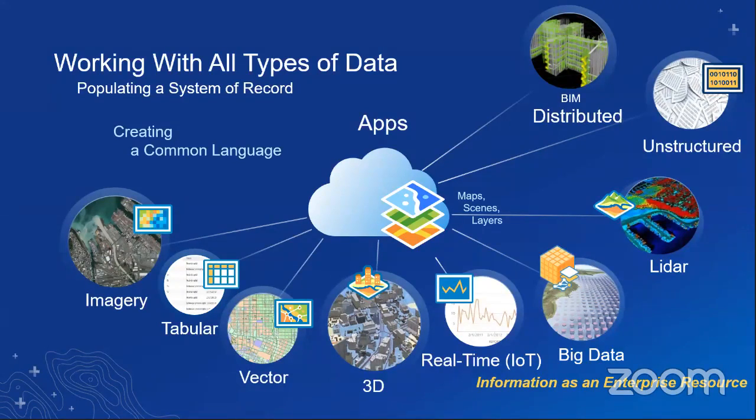Also, we deal with real-time data coming from the field, coming from sensors, coming from the Internet of Things, and that also enables us to deal with big data in order to get better decisions with a huge amount and high process of data. We deal with LiDAR data, we deal with unstructured data, and also we have integration with building information data.